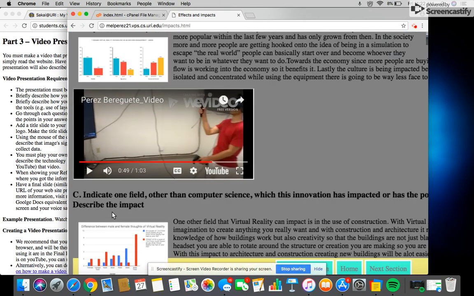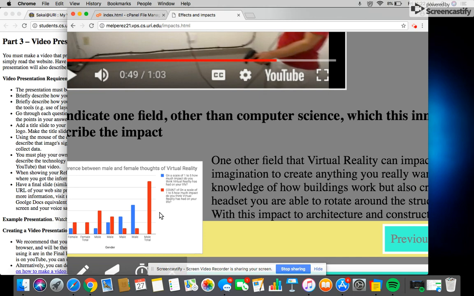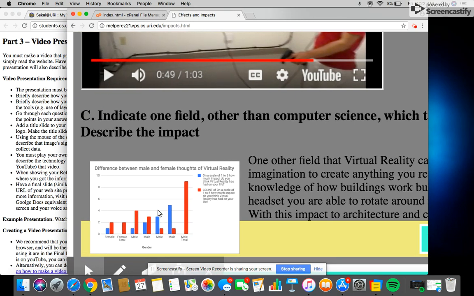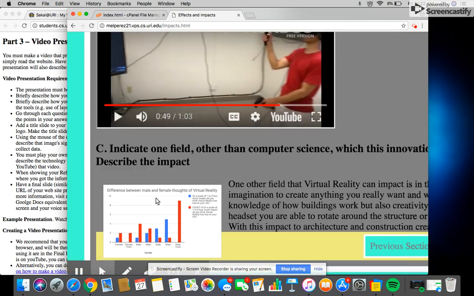The graph here basically shows the differences between the male and female thoughts of virtual reality. Males figured that virtual reality would have a bigger impact on their life and also on the future of their life.